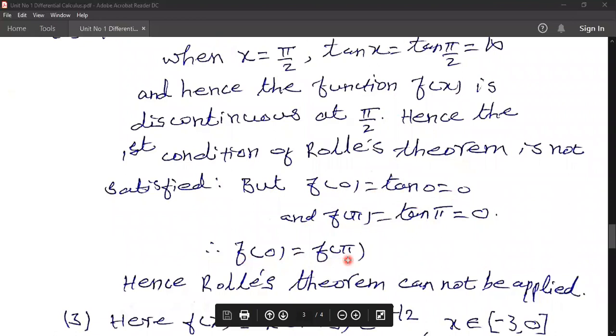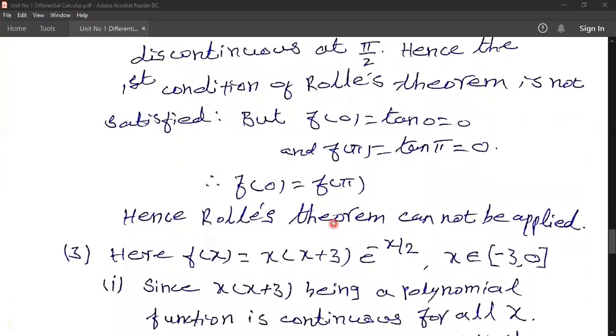So two conditions may be satisfied, but the first condition is not satisfied. Therefore, you cannot say that Rolle's theorem is satisfied for f of x equal to tan x in the closed interval 0 and pi. Hence, Rolle's theorem cannot be applied to the second function f of x equal to tan x.